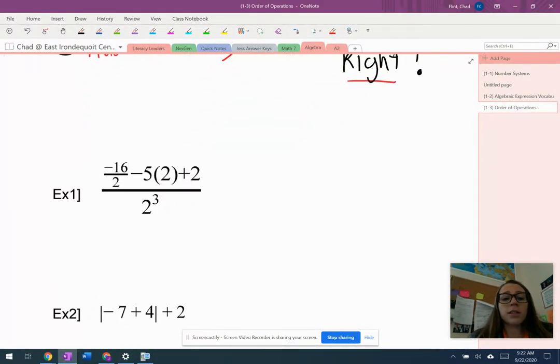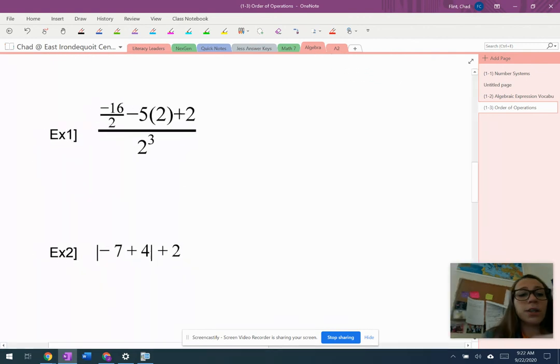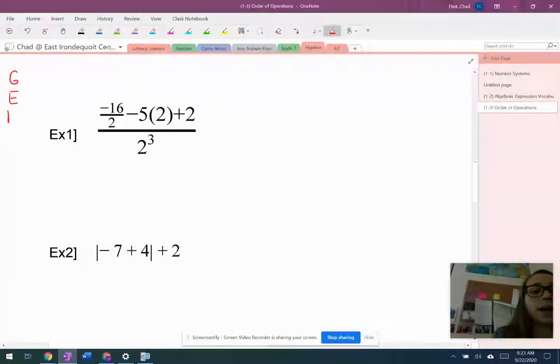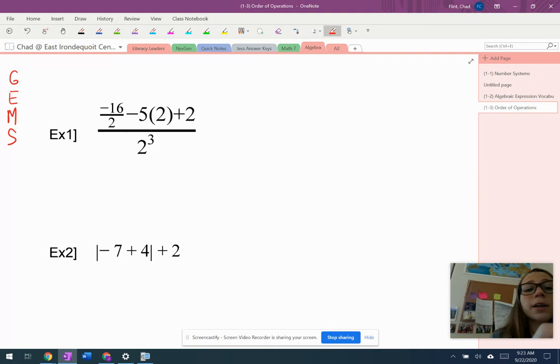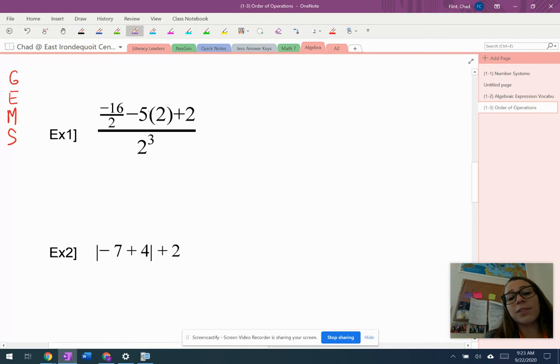All right, so let's take a look at this example 1. So following that GEMS, and maybe if it helps, maybe you're going to write that acronym off to the side so you have it to look at. Is there anything grouped together? So now this is actually a really good example because technically this giant fraction bar is counting as a grouping here because I can't divide any of these pieces up here until I have one single number.